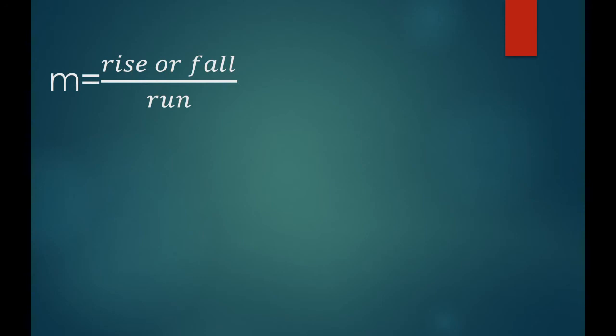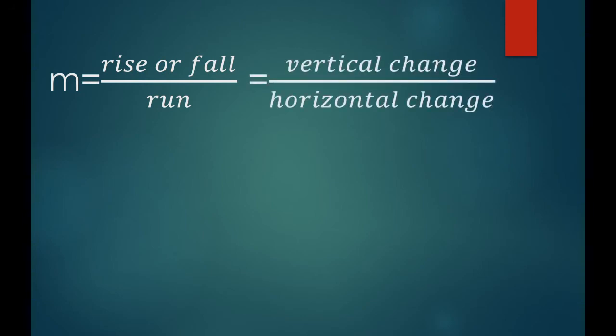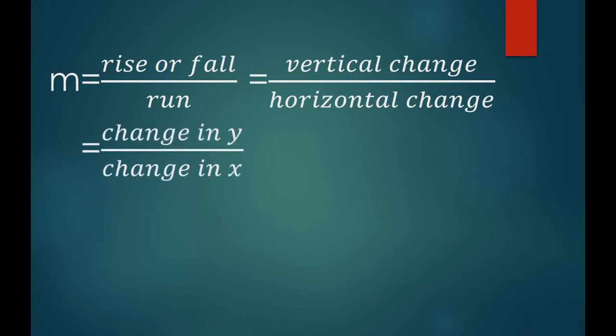So, ang slope ay may formulang rise or fall over run. Or, slope is the vertical change over the horizontal change. Yung pagbabago ng angat over pagbabago ng takbo horizontally. So, that's change in Y over change in X.